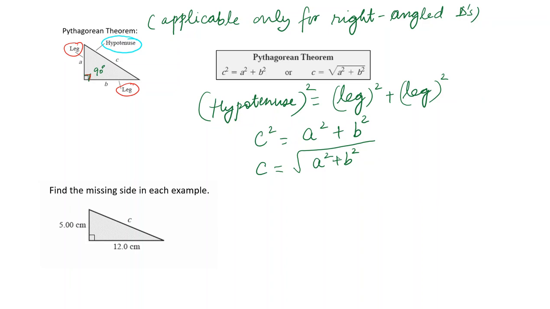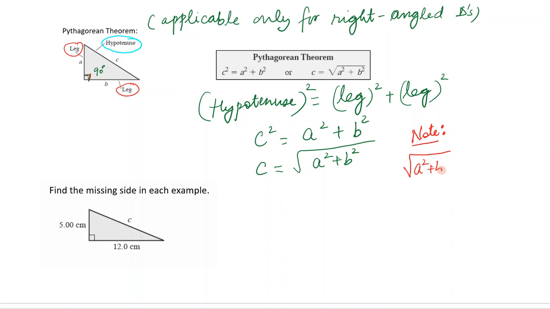Here I would like to point out one common mistake that students make while doing Pythagoras theorem problems. The square root of A square plus B square is not equal to A plus B. If you have addition between two terms, you cannot split them out of the square root.